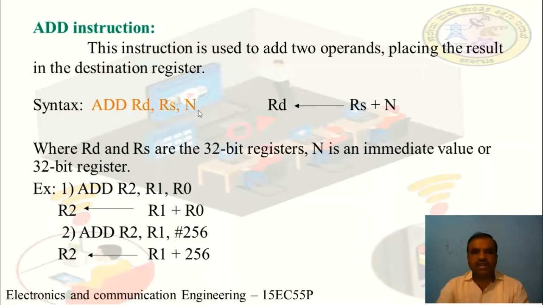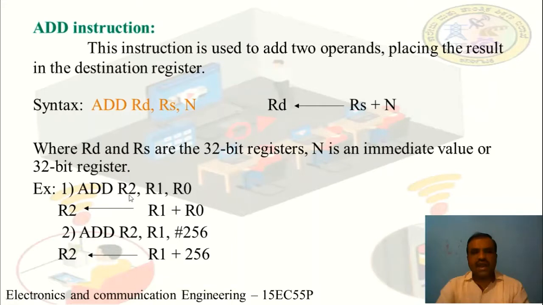Operand 2 may be a register, or an immediate value, or a shifted operand. The immediate value should be preceded by the hash symbol. When you execute this instruction, the content of operand 1 will be added with the content of operand 2. The result will be stored in the destination register.